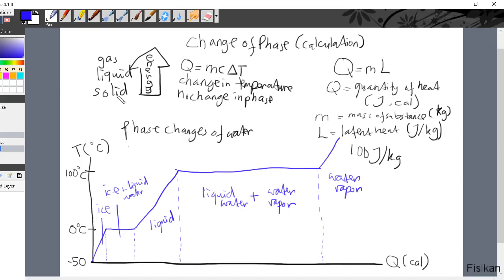So you see here, let's say that the substance we use starts from negative 50 Celsius degree, so it is ice, and let's say we use 1 gram of ice.